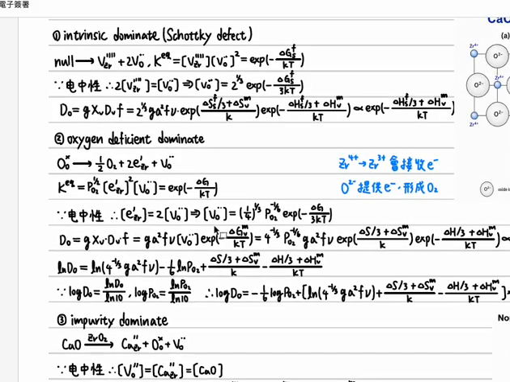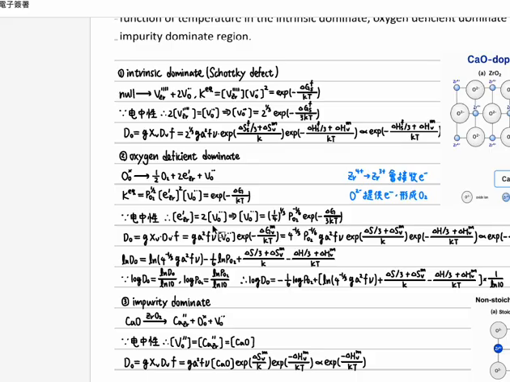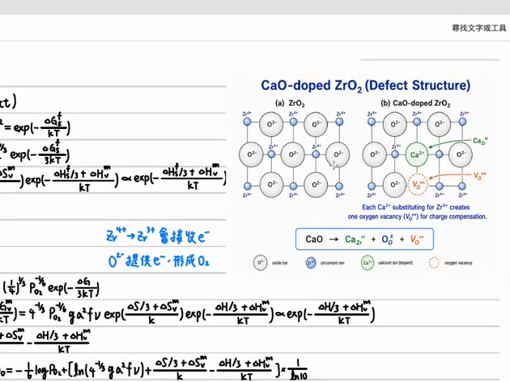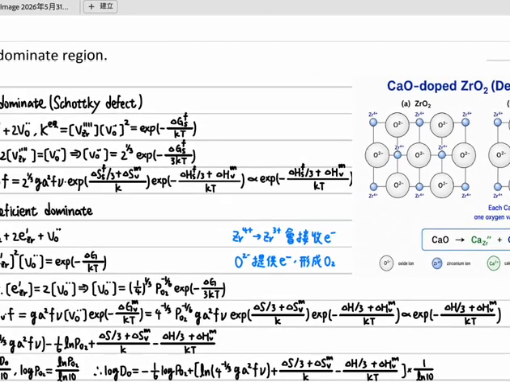And the most difficult part, some people probably do not have that. So I did draw it like here. If you double the calcium at the vacancy at the Zr site, actually I think this drawing has some problems, so ignore this one.